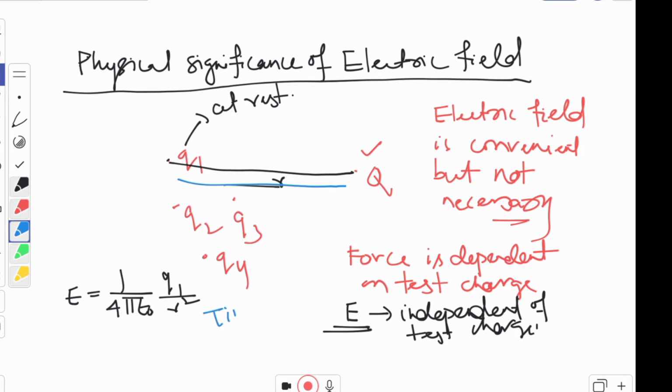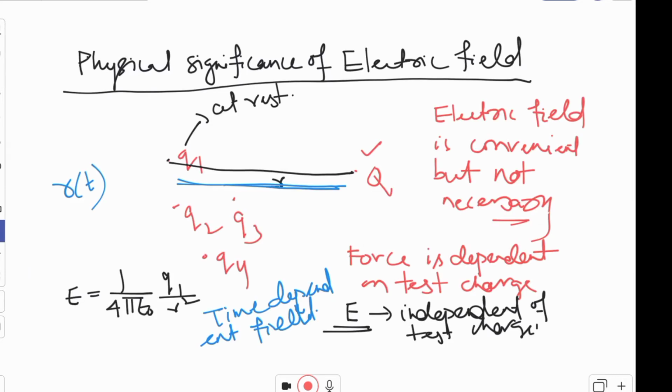Got it? Distance R is now a function of time. It is dependent on time. Let me explain.